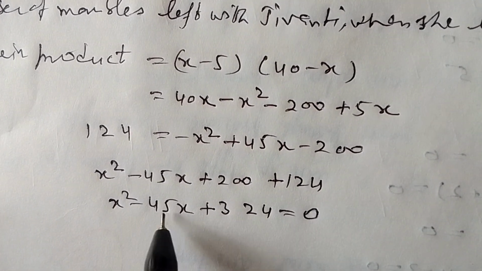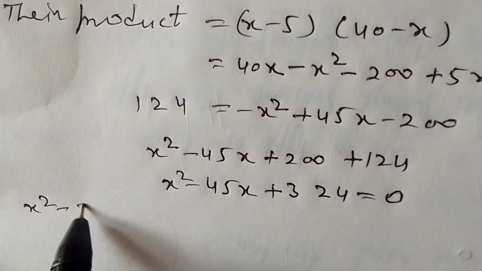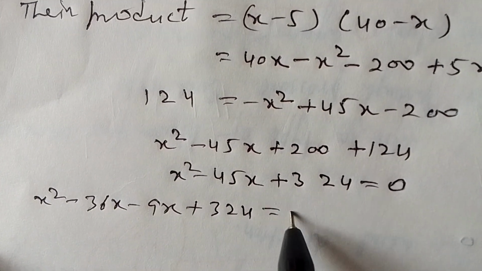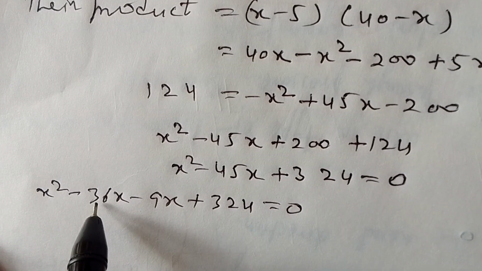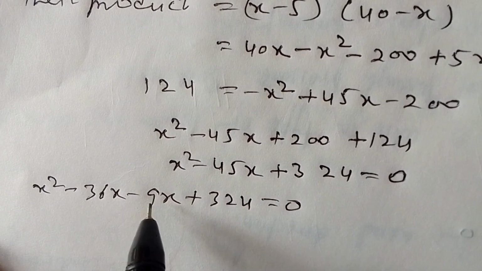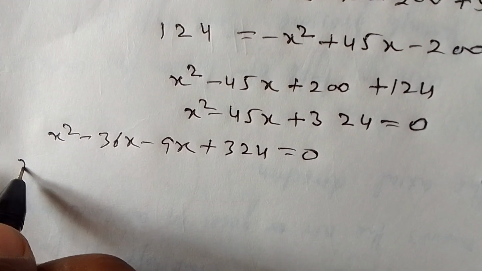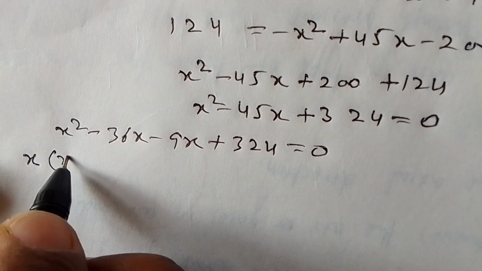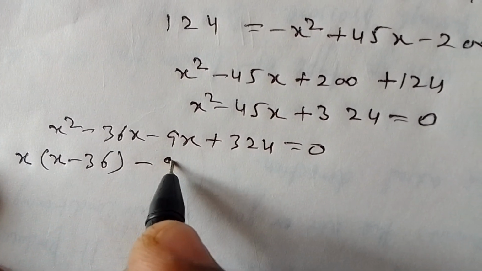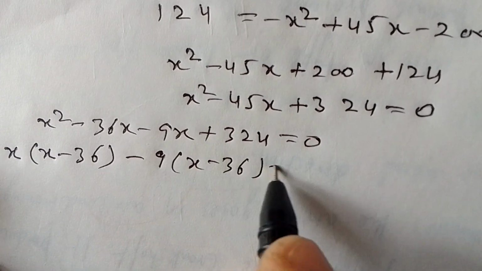Now we will break the 45x into two parts. So x square minus 36x minus 9x plus 324 is equal to 0, because 36x plus 9x becomes 45x, and 36 multiplied by 9 comes out to be 324. So we take x common from the first two terms, so x minus 36, then taking 9 common from the last two terms, it becomes x minus 36 is equal to 0.